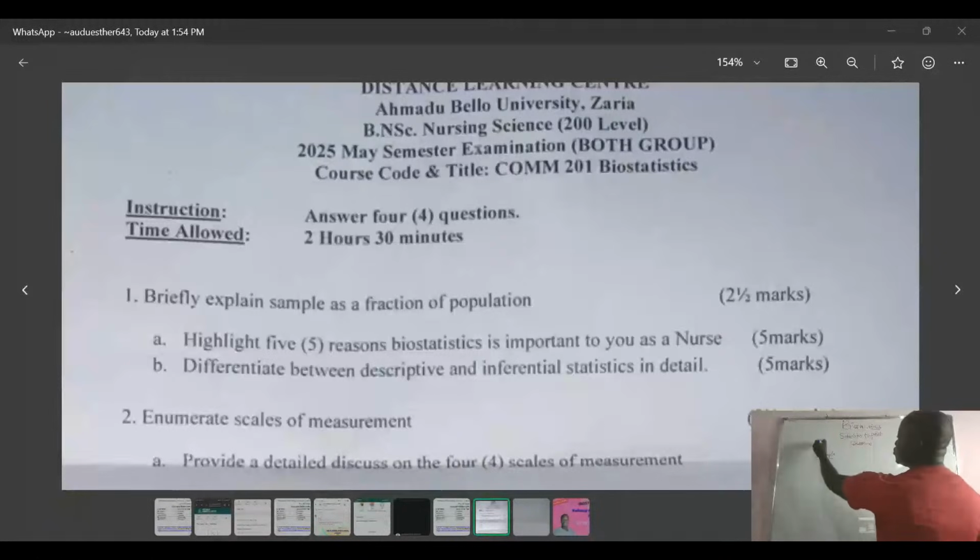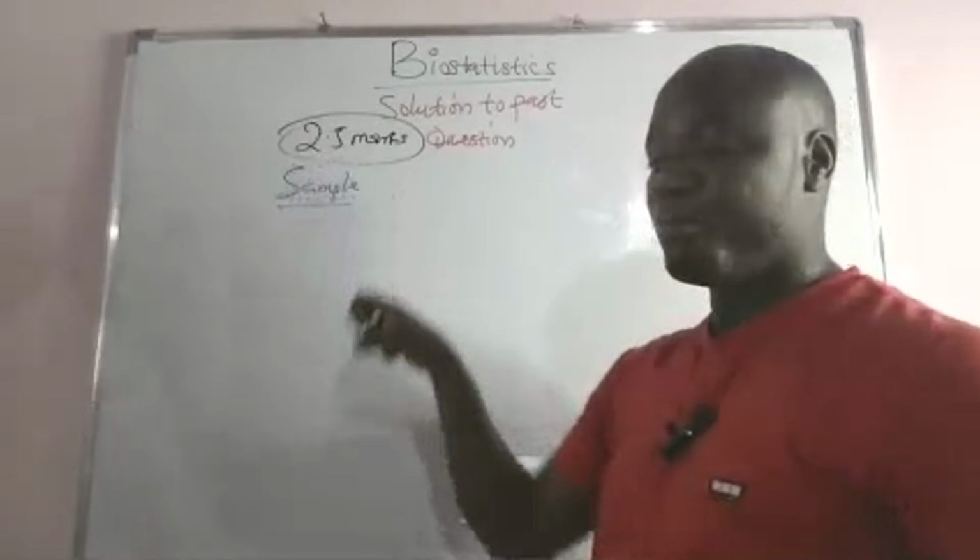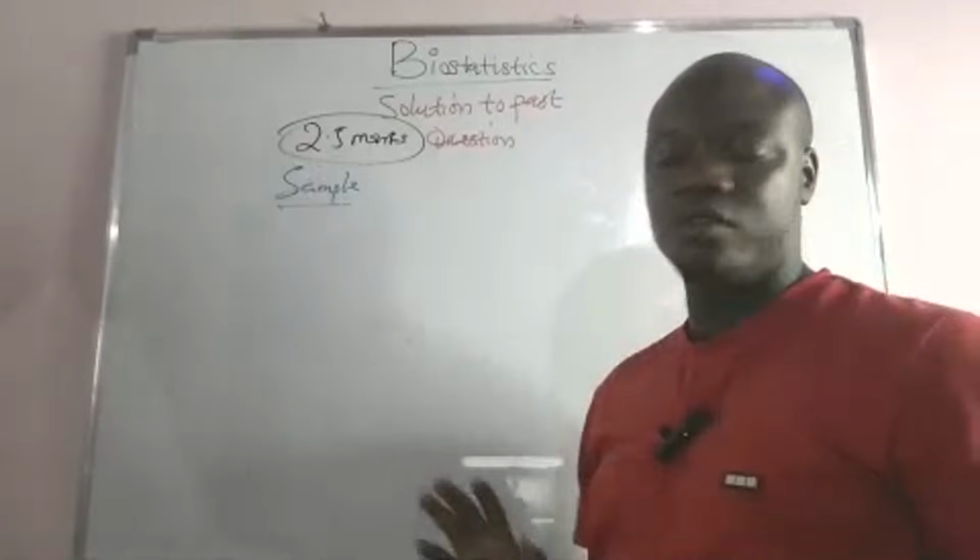If you are able to define this sample very well, you have 2.5 marks. So for questions, try to understand the number of marks allocated for each and every question.